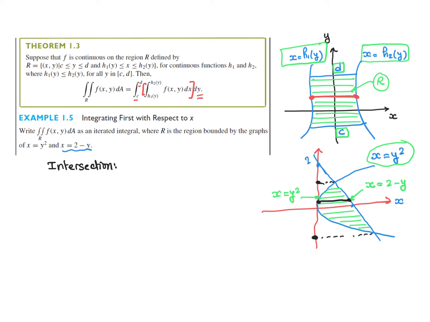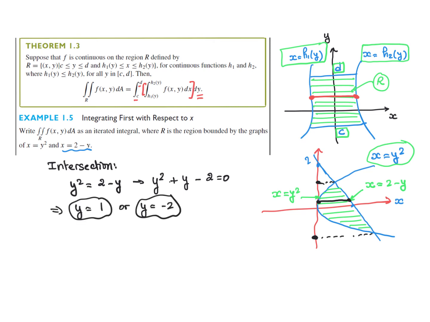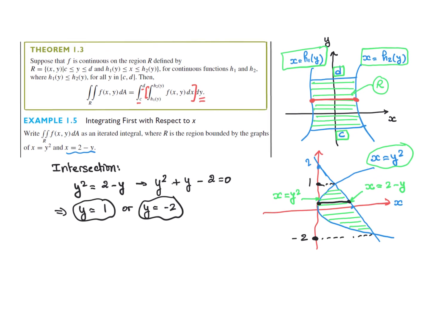So we need to solve the equation y squared equal to 2 minus y, which is basically a quadratic equation, which has two solutions, y equal to 1 and y equal to minus 2. So these are the boundaries for the variable y.